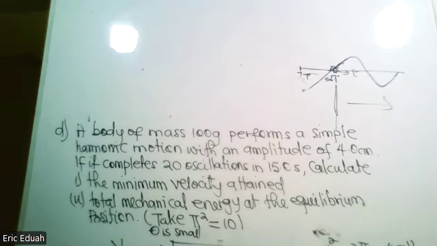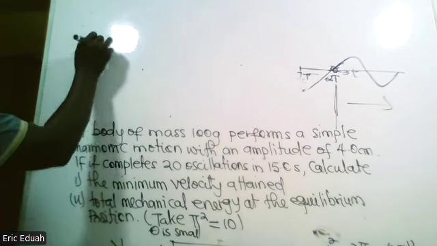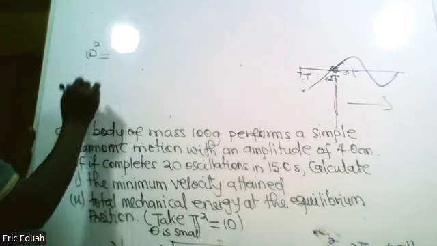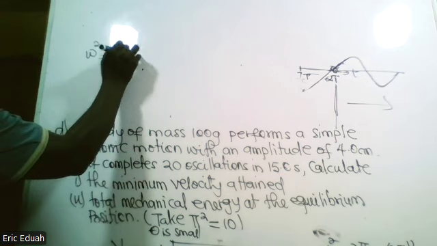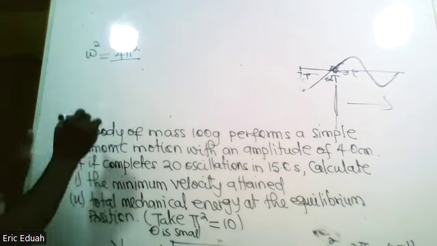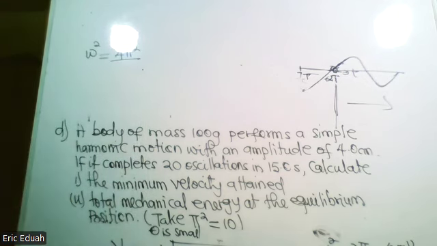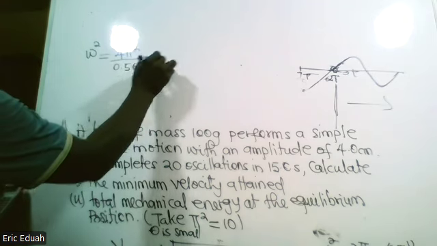So we have omega squared equal to 4 pi squared over 0.75 squared. We got 0.5625.